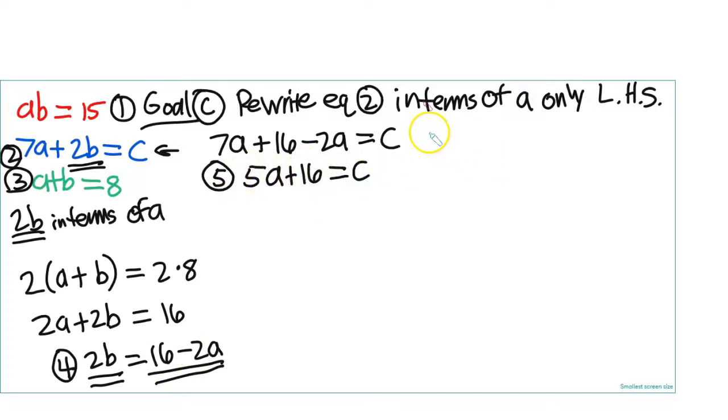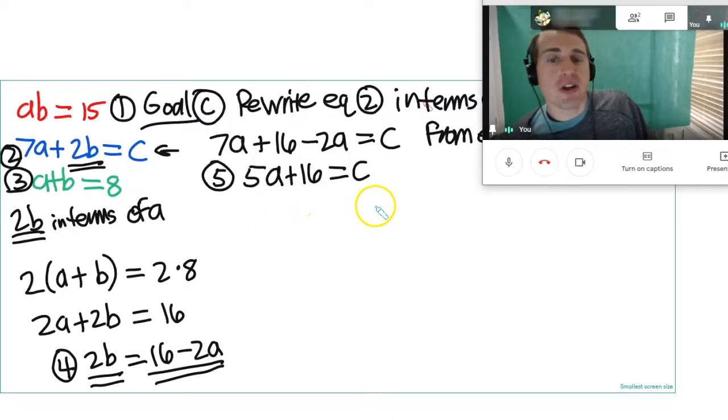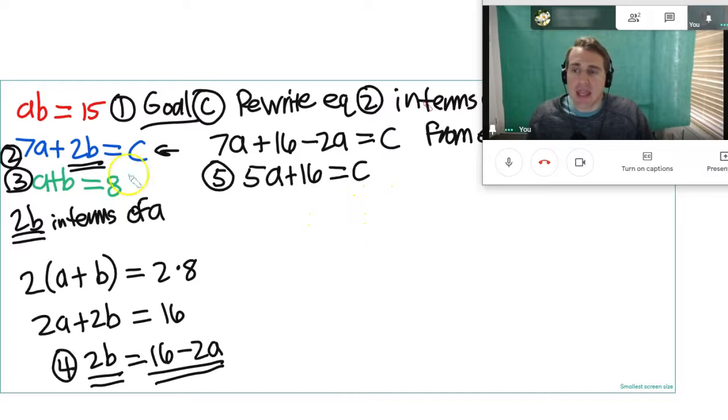So do you see that from equation 5, we need a, right? We don't have variable a. So the only pair of equations we haven't used is equation 1 and 3, because we've already used 2 and 3. Would you agree?